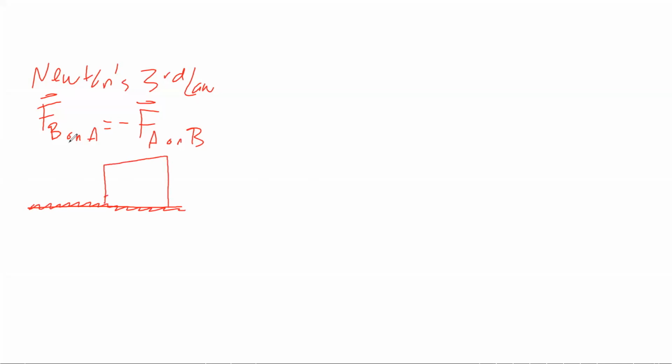So we've got a block of mass M, a big crate, right? And then we've got a person. Closer. Person pushing on the crate.